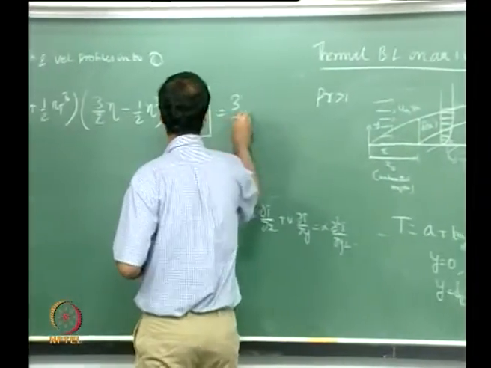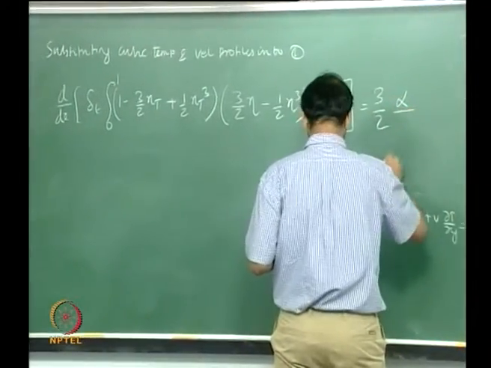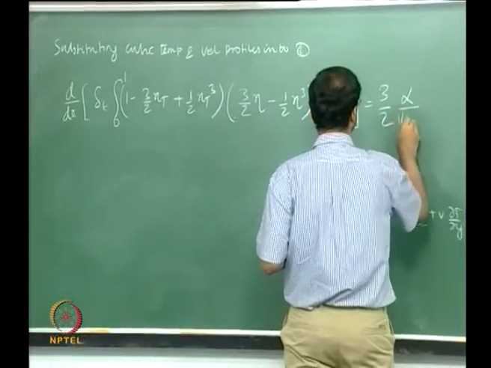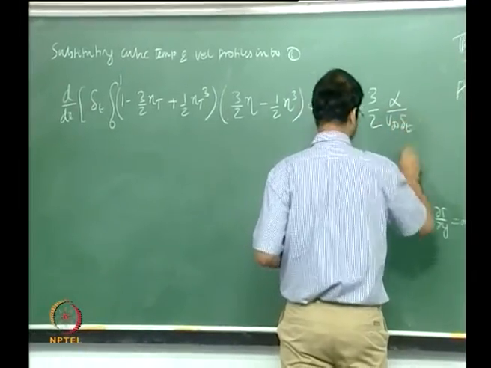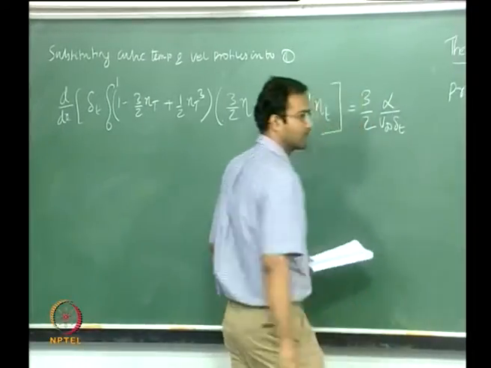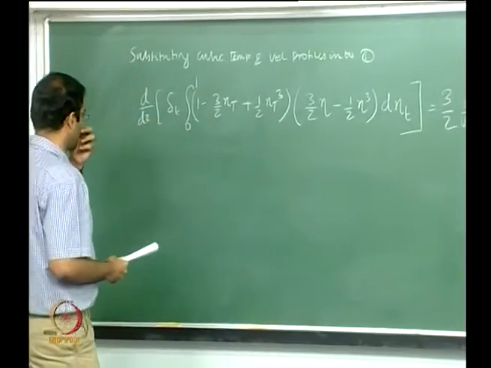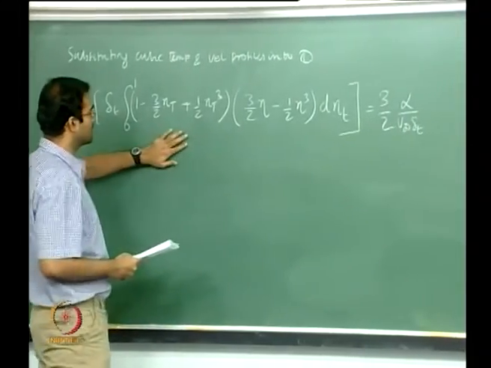So 3 by 2 into alpha by delta t into u infinity. So this is therefore the final expression after we substitute.